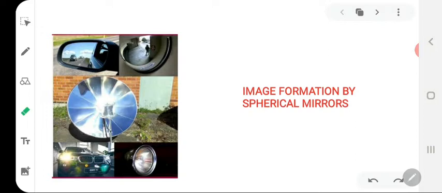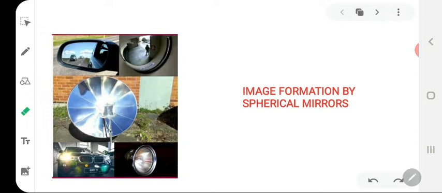A question arises, why are these rays of light called special rays? These are called special rays because we are aware of the path followed by these rays of light. This means that after suffering reflection from the spherical mirrors, we know what should be the path followed by the reflected light.